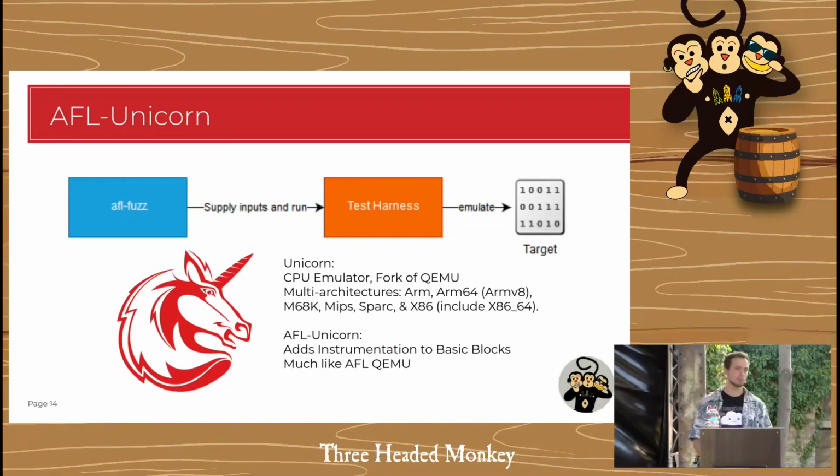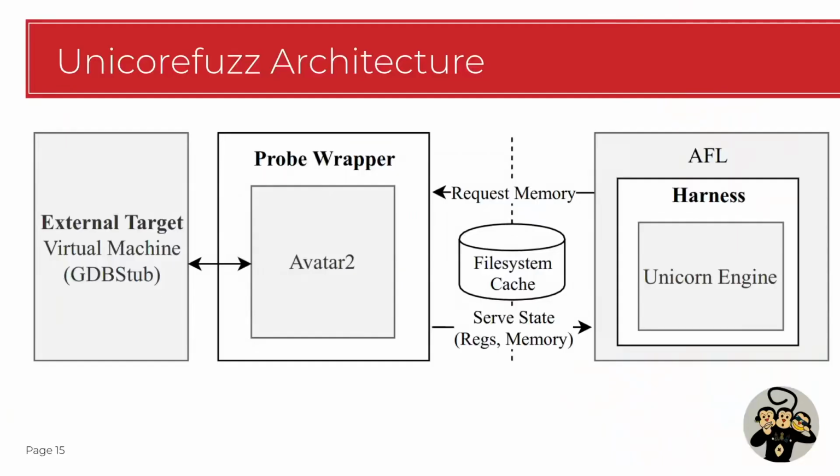AFL Unicorn just adds instrumentation on top of Unicorn. Every time QEMU does block for block translation, every time a new block gets translated, the jump will be part of the coverage. So it says, oh, I found a new block here. A new block is interesting for the fuzzer. Let's fuzz from there next time, or let's take this into our seed or harness, whatever.